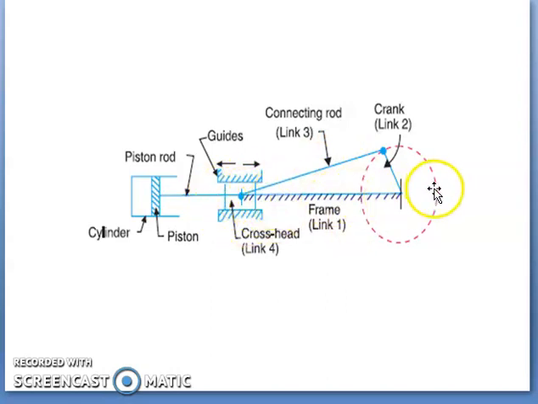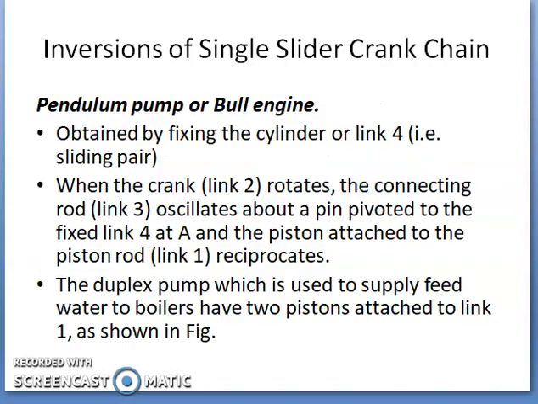Here you have link 1, which is the frame, link 2, which is the crank, link 3, which is the connecting rod, and link 4, which is the piston. So when the crank is rotating, the piston will reciprocate along the guideways.